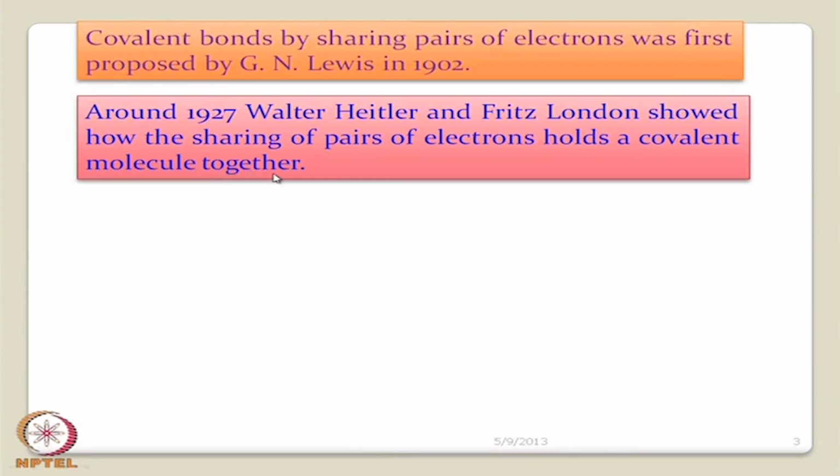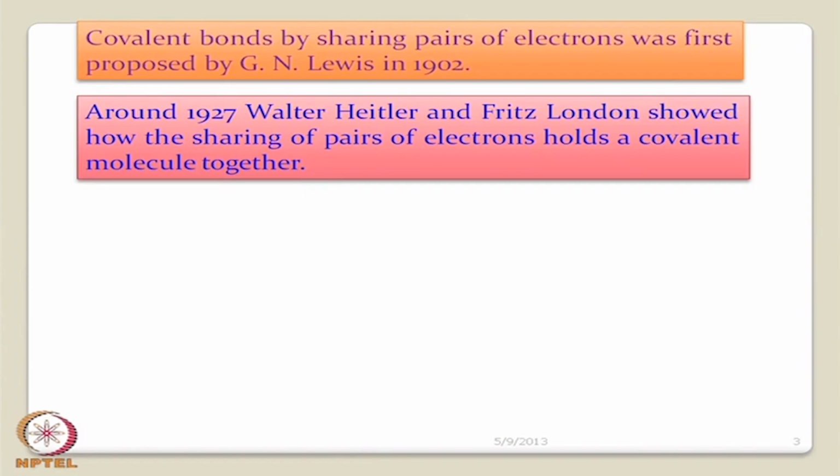When we consider the hydrogen molecule, we definitely have the hydrogen-hydrogen bond, and the hydrogen atoms are bonded together. That gives us the idea that the electron pairs are localized, those electron pairs are shared between the two atoms, and the two atoms are held together for the formation of the molecule.